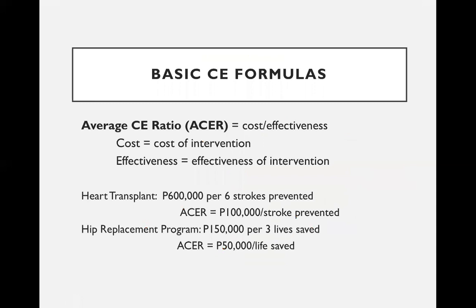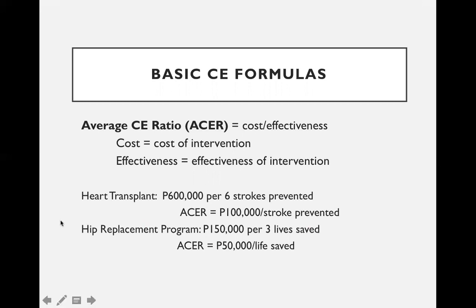So in cost effectiveness analysis, we need to be familiar with some basic CE formulas. The first of which is your average CE ratio, or your average cost effectiveness ratio, also known as ACER. It is computed using the formula cost over effectiveness.